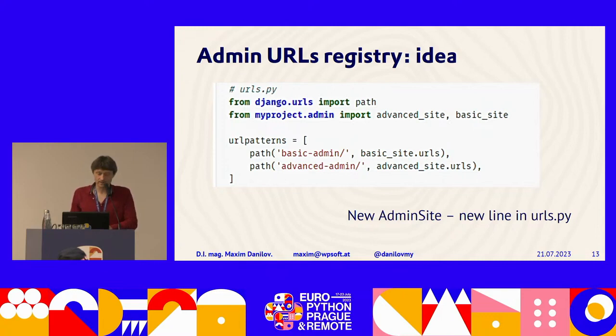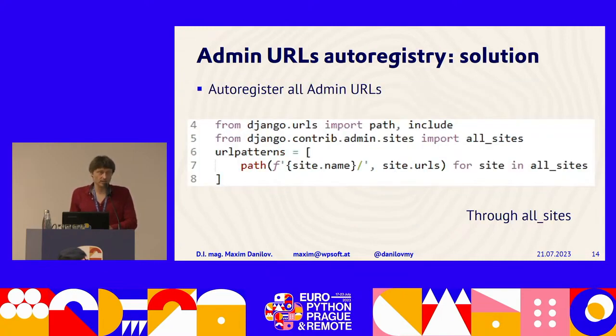Why? Because we can do it automatically. In Django, we have one container which knows about every admin site. I ask the container for all admin sites, I take the name from every admin site, and I register these URLs automatically.